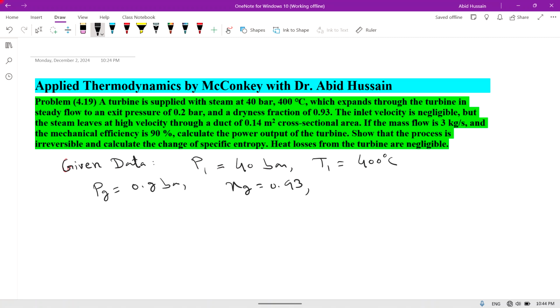The dryness fraction after expansion is x2 equal to 0.93. The inlet velocity is negligible, c1 is equal to 0. But the steam leaves at high velocity through a duct of cross section A2 equal to 0.14 square meter.